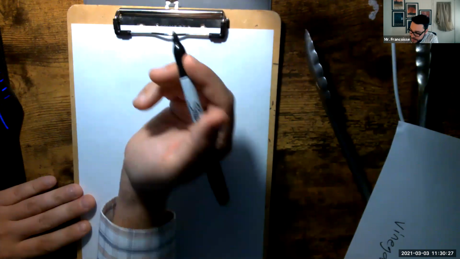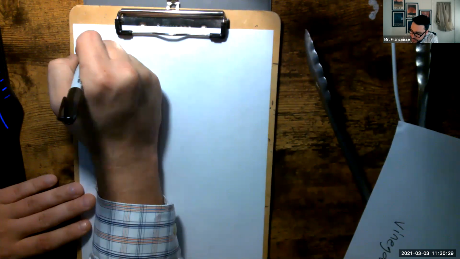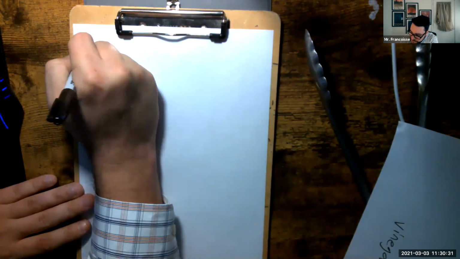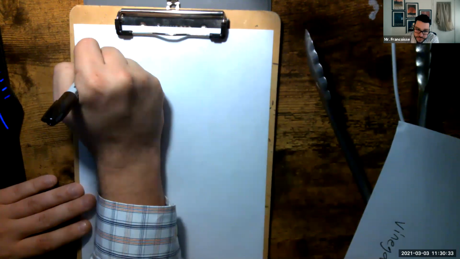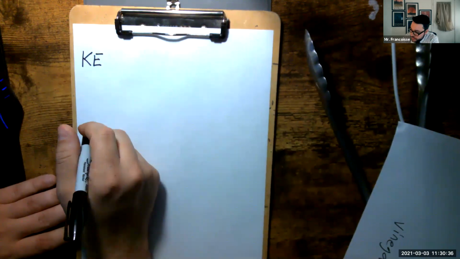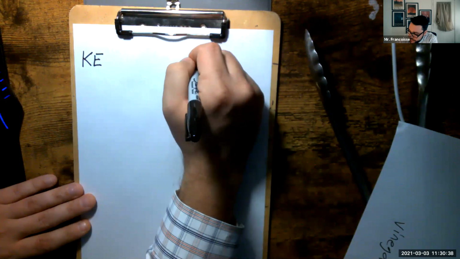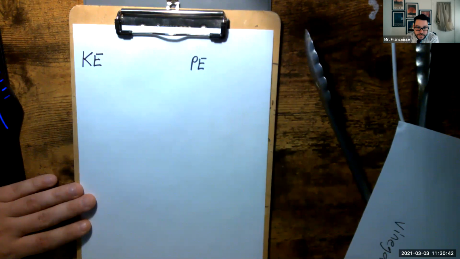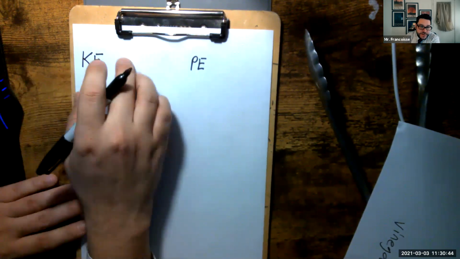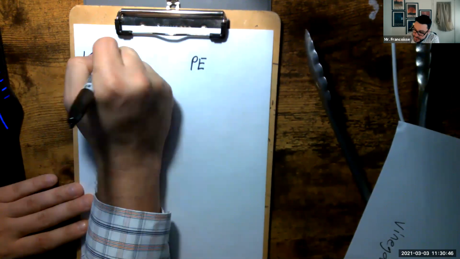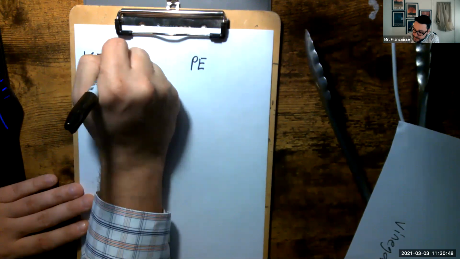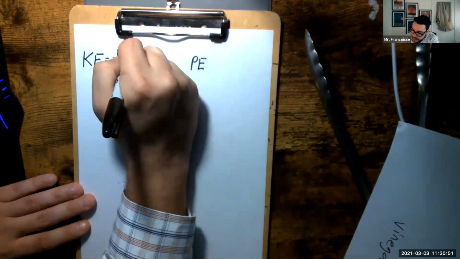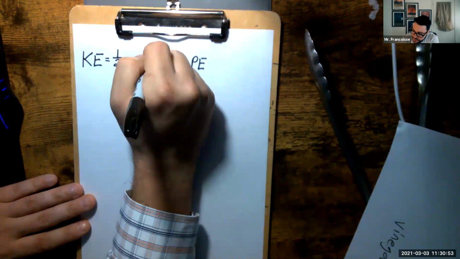We're going to abbreviate kinetic energy as KE. And we're going to abbreviate potential energy as PE. Our equation for kinetic energy is going to be equal to 1/2 mv squared.